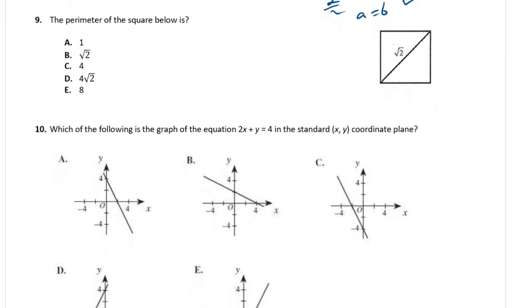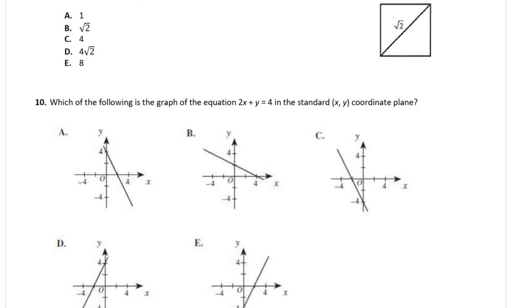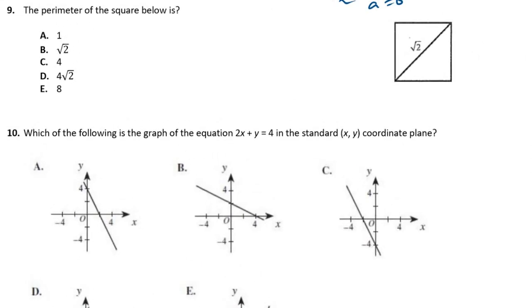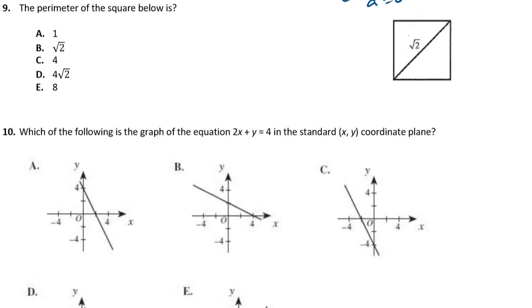Here is the next one. What's the perimeter of this figure? Okay, I want to show you something that's really neat about this kind of rectangles or squares. This is a square. If it's a square, this is so neat. Let's just give you a square and call this side x and x.